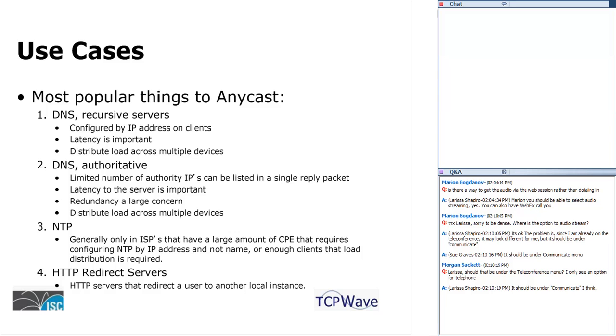And then some part of HTTP could be Anycasted as well. We'll talk about why this is not usually the case for generic HTTP, but for HTTP redirect servers, those things that basically catch up URLs and send you to the right place, it's possible to do it. If you have RESTful websites, this would also work.